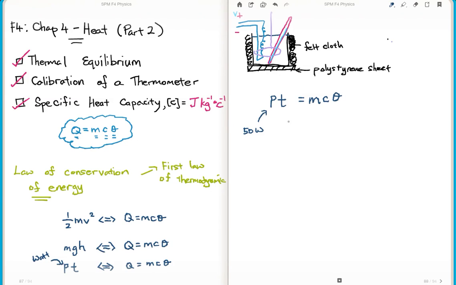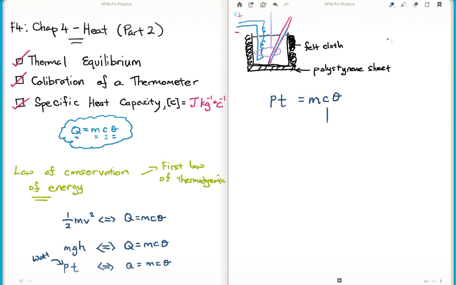We're not going to give you calculation now, because now it's all about concept. It's in watt. So how can you determine the specific heat capacity of a liquid? Maybe it's oil or an unknown liquid. It's not necessarily water, it's a liquid.